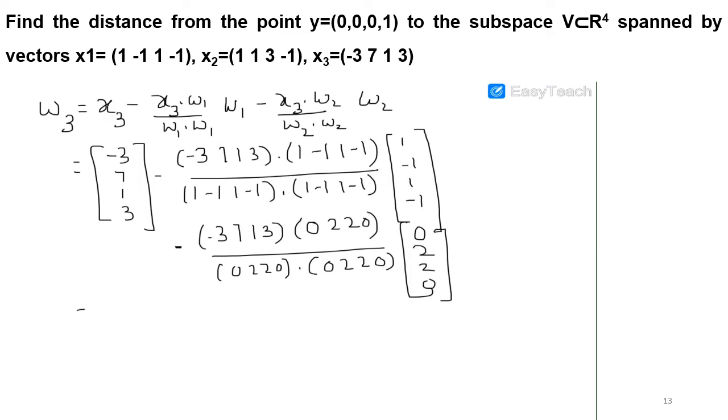So this will give you the answer. When you simplify this, you will get the answer as 0, 0, 0, 0.